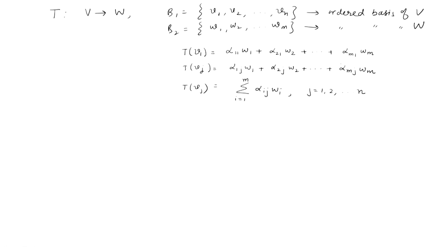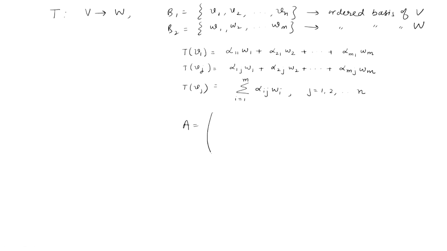So, if we represent a matrix corresponding to this, the first column is the coordinate vector of T V1: alpha 1 1, alpha 2 1 and so on up to alpha m 1. The second is alpha 1 2, alpha 2 2 and so on up to alpha m 2, and the last one is alpha 1 n, alpha 2 n and so on up to alpha m n.